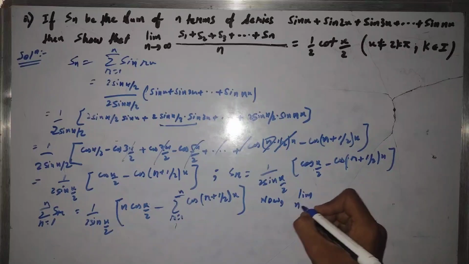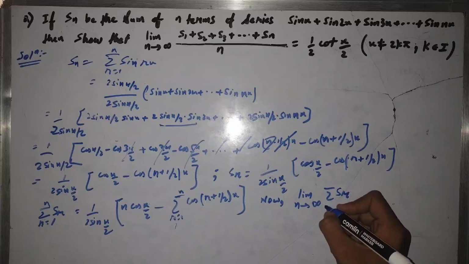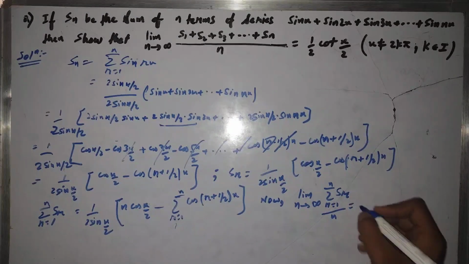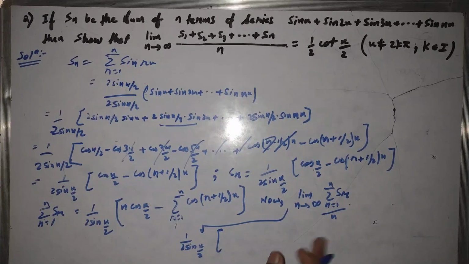Now we have to find the limit as n tends to infinity of the summation of Sr from 1 to n upon n. This is 1 upon 2 sine x by 2, and we have to divide by n.